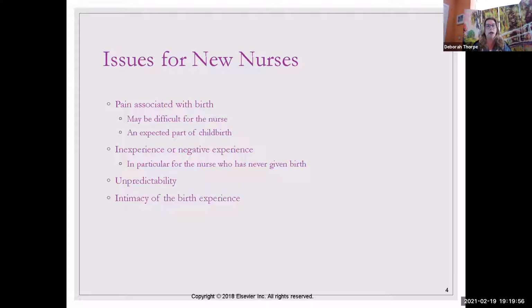Personally, at that point, I thought it was, I don't know if barbaric's a word, but it just felt like there's got to be something more. So new nurses going into this and experiencing all of this, if you don't look at it in a more positive way, it can leave you with, there's no way I ever want to work in labor and delivery.